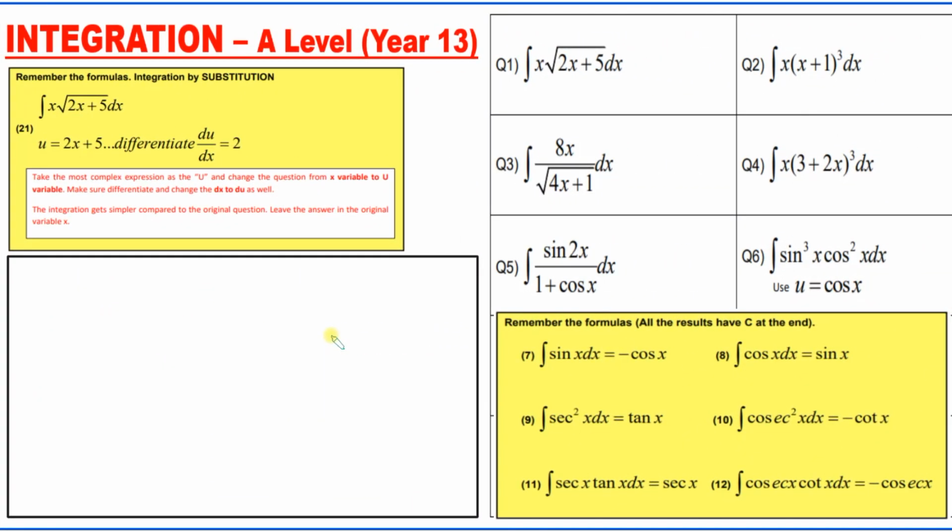Hi everyone, this is our 8th video tutorial in the integration video collection. In this tutorial, we are specifically looking at integration by substitution. Sometimes when you see a question, it can be changed to a different format with a different variable to make the integration simpler.